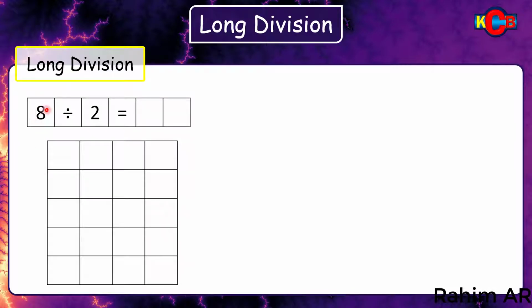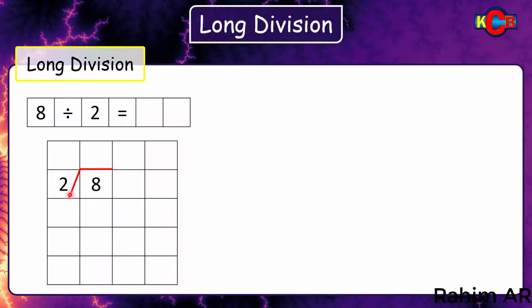This is the dividend, 8. Next, write this slanted line and horizontal line, like this. I repeat, write 2 lines like this. Then, write the divisor here, next to this slanted line. This is the divisor 2, so we write 2 here.